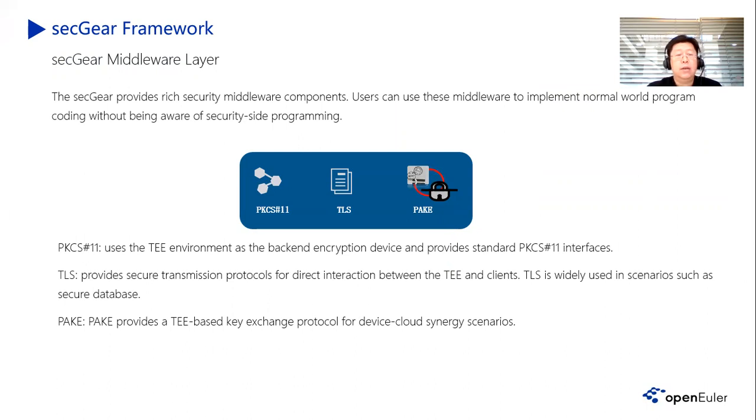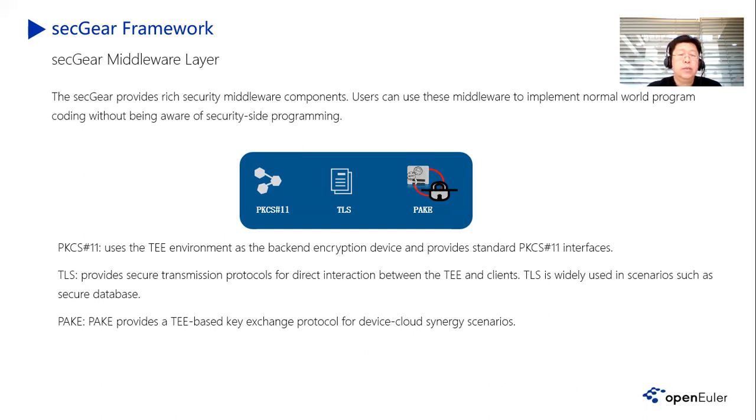And TLS provides the secure transmission protocol for direct interaction between the enclave and the clients. As we know, TLS is widely used in many scenarios, such as secure communication and secure database connection.